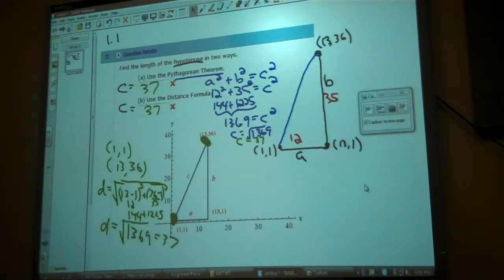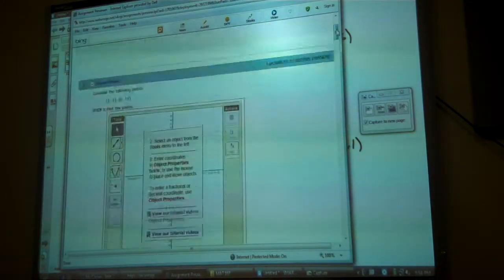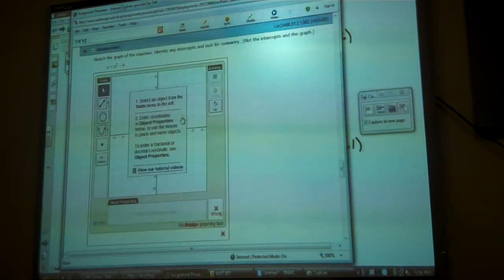More questions? Same section? Number 2. I don't know how to use this thing. Select an object from the tools menu to the left.